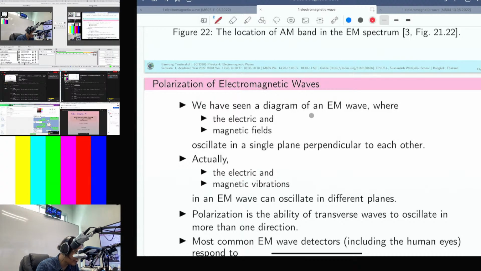As you have seen the diagram of electromagnetic wave, you can see that there are electric field and magnetic fields, right? And both fields oscillate in a single plane perpendicular to each other, and the traveling direction is perpendicular to both planes.